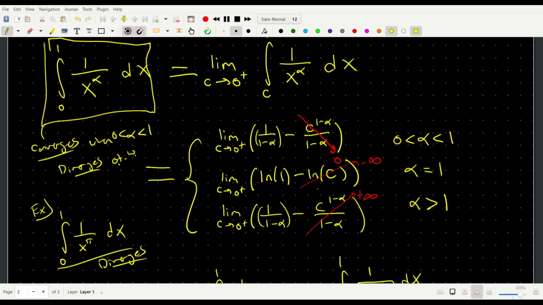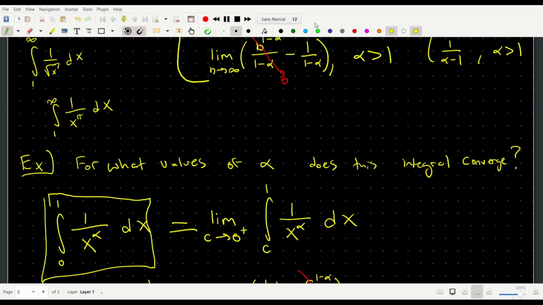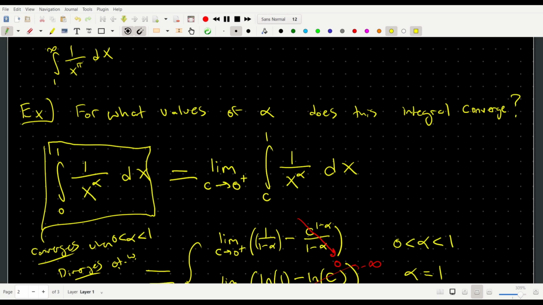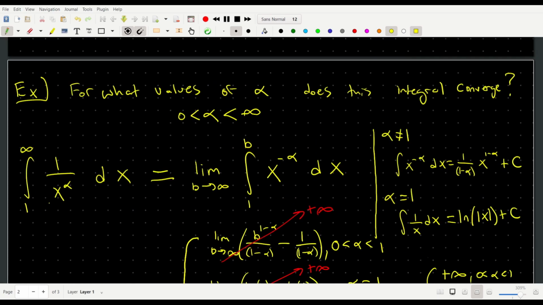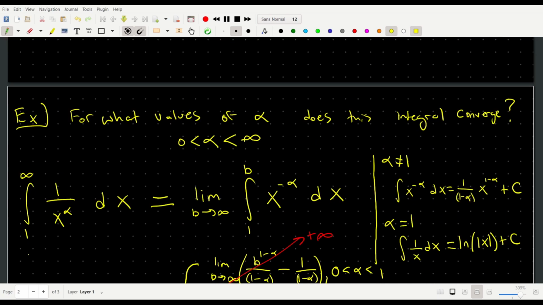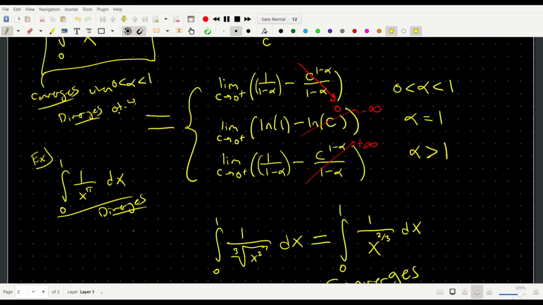And you really want to note the comparison here between the improper integral of type 2 and the improper integral of type 1, right? In this example, we're using the same function, 1 over x to the alpha, but when we change the domain that we're integrating over, in the first case from 1 to infinity, in the second case from 0 to 1, the actual intervals in which alpha give us a convergent improper integral change as well.